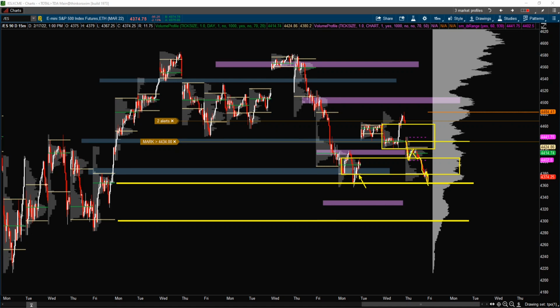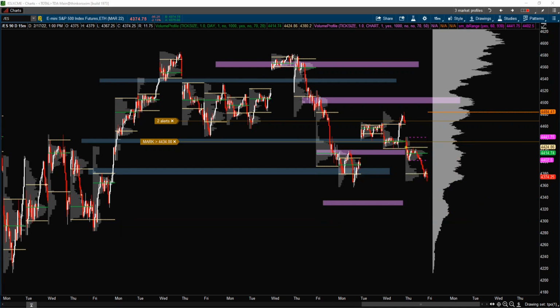But if it doesn't, then we're looking for the possibility of it working its way down to near this 4300 level. And if it can work its way back up inside of this value area, here's today's value area. It could come up and maybe test this area here once again.